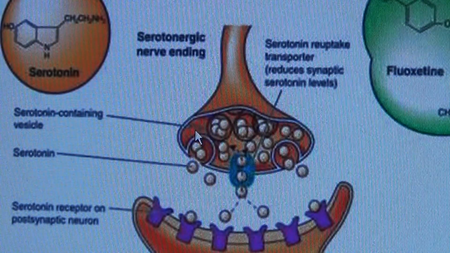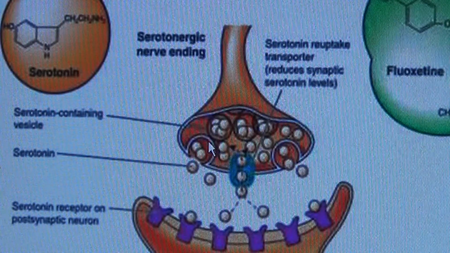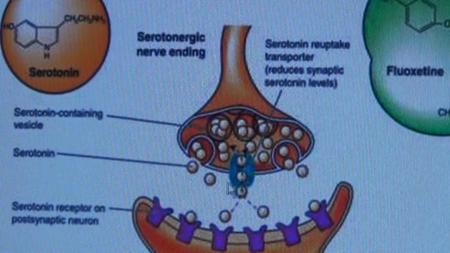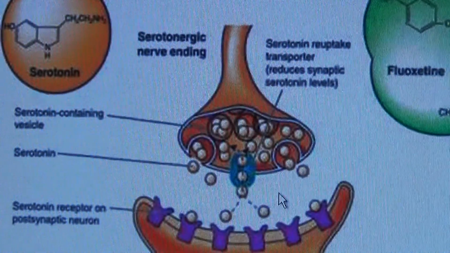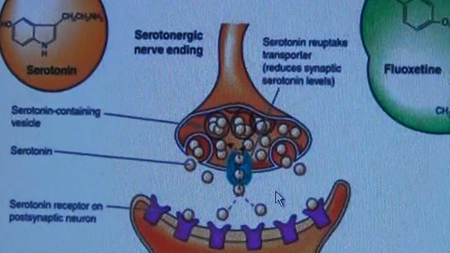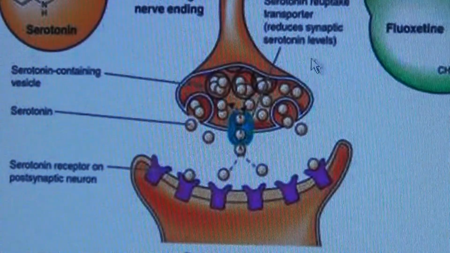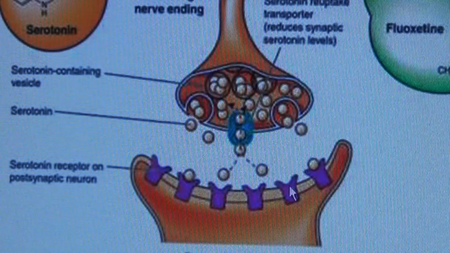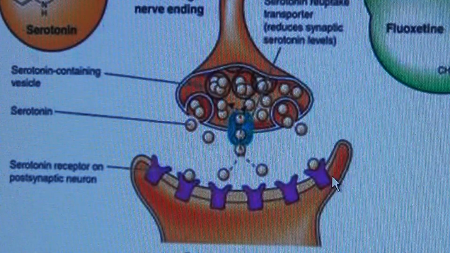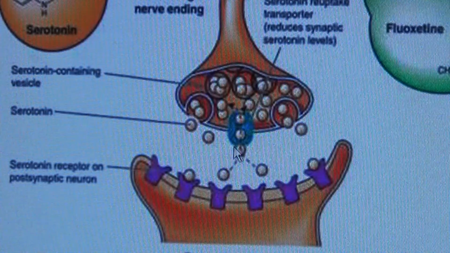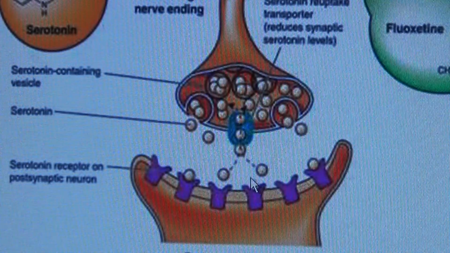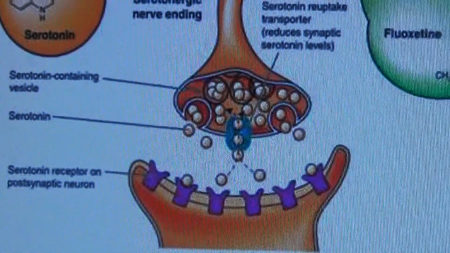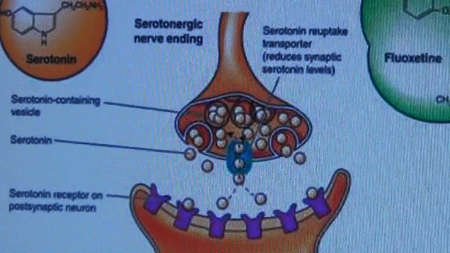In the presynaptic neuron, the vesicles are released, which releases serotonin molecules into this little cleft, and then they bind to the serotonin receptor. That creates a neurological signal. The idea is that if you can increase the amount of serotonin in the receptor, it has an antidepressant effect, and there seems to be evidence for that.